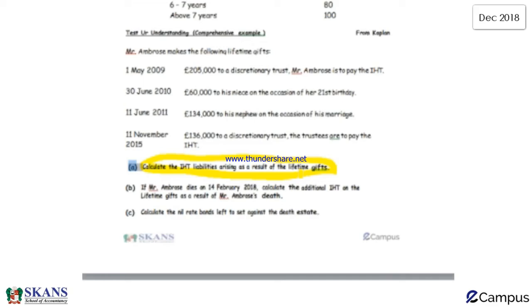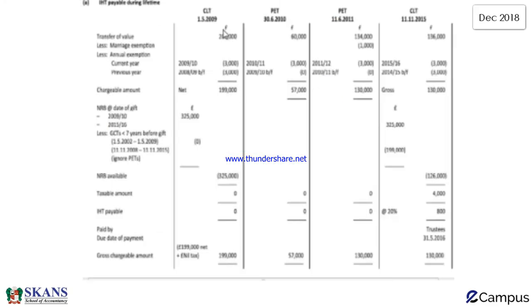For part A, as we can see, the first CLT was of 205,000, and after exemptions, we are provided with the full nil rate band on the first CLT. Due to that, there were no taxes on this transfer.